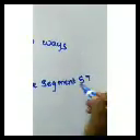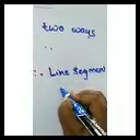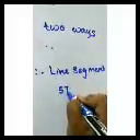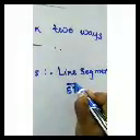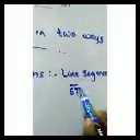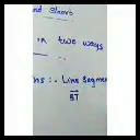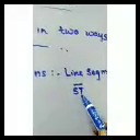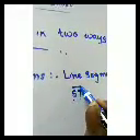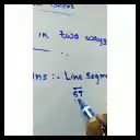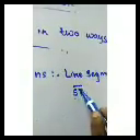Okay, it's one way. Another way is to write ST with a line on top. You have to write two ways. One is line segment ST and then this one, ST with a line on top. Then next question.